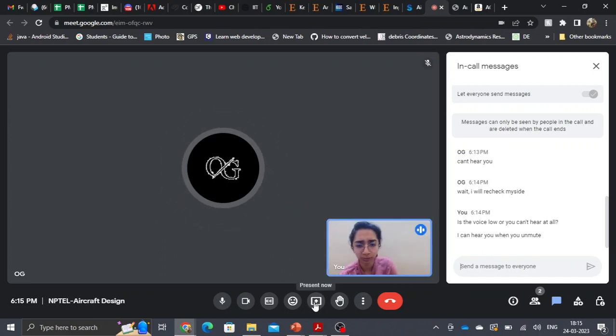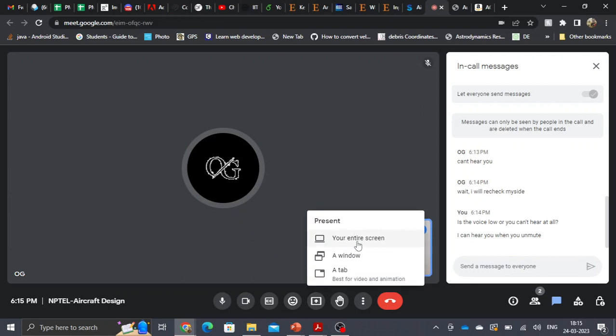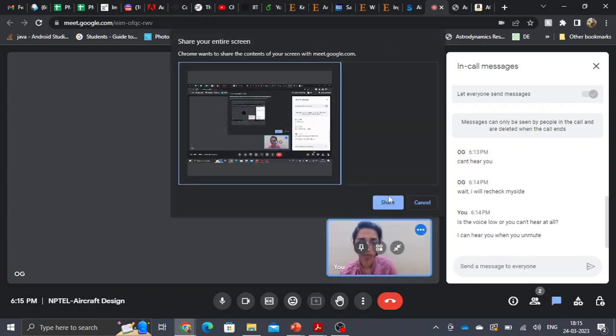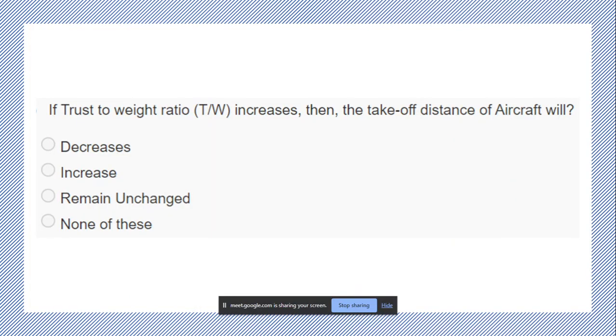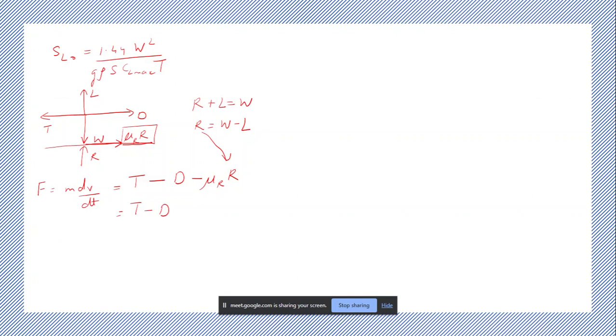I'll continue. I'll start from the beginning. First question was, if the thrust to weight ratio increases, then will the takeoff distance of the aircraft increase, decrease, or remain unchanged? So, this is the equation that we follow. I was just going over how we derive it. From this equation, we can just write it in terms of W by S and thrust loading, wing loading and thrust loading.